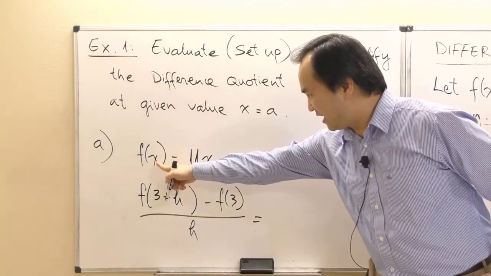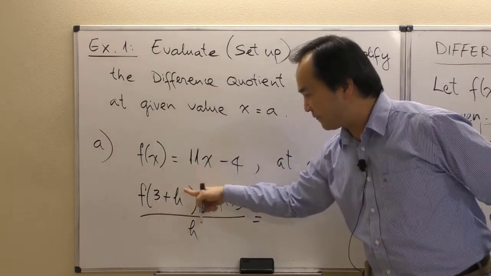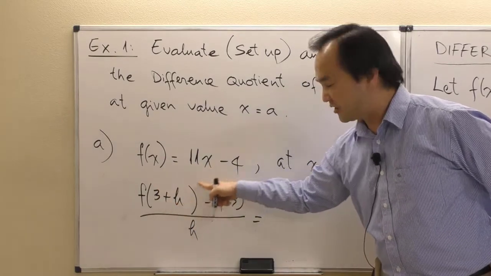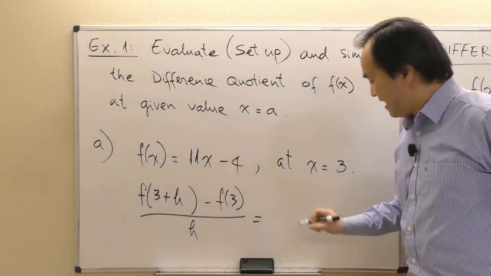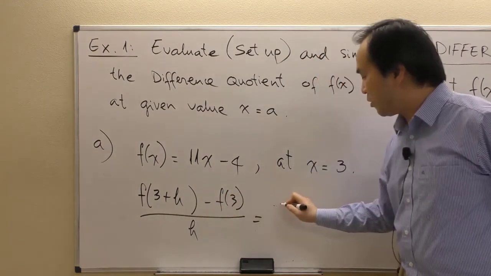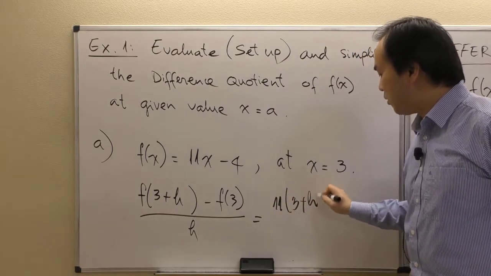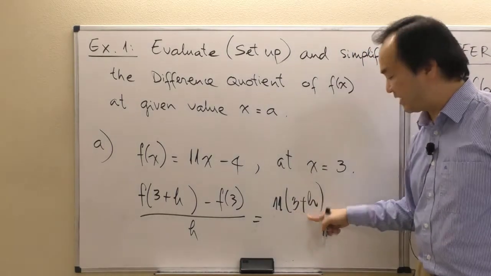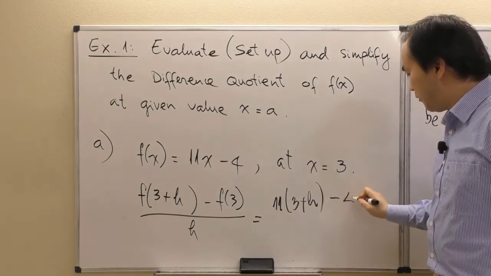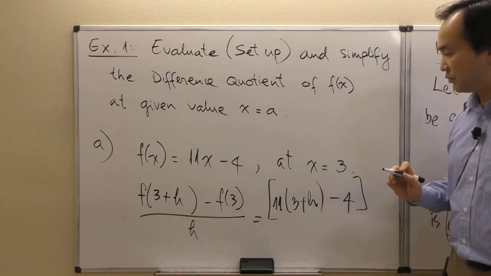Your function takes input x, so it is 11 times x minus 4, but now for f of 3 plus h, the input is going to be 3 plus h substituted in for x. And so f of 3 plus h is going to become 11 times the input 3 plus h. And that's why I have 3 plus h in parentheses. Minus 4. This is f of 3 plus h.